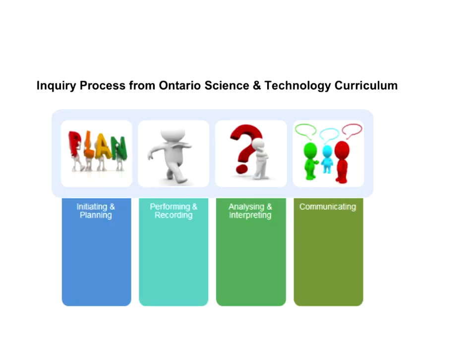Just so that we remember what the inquiry process in the Ontario curriculum says: there are actually four steps as outlined in our document. There's initiating and planning, performing and recording, analyzing and interpreting, and communicating.